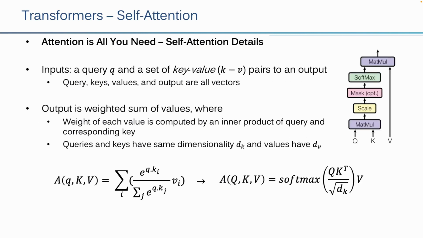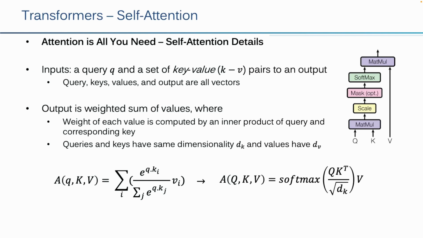So how does it look like? It's actually quite simple if you look at this figure. So the query, the key, and the value, they're all word embeddings, okay? So for a sequence of 3 words, you have 3 query vectors, 3 key vectors, and 3 value vectors. The first thing you want to do is you want to take the query and the key.